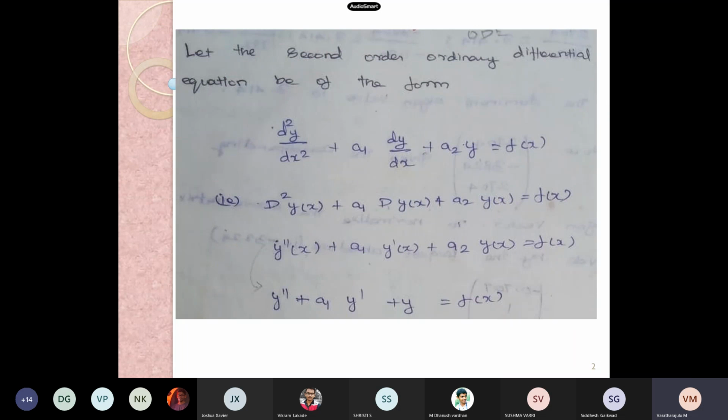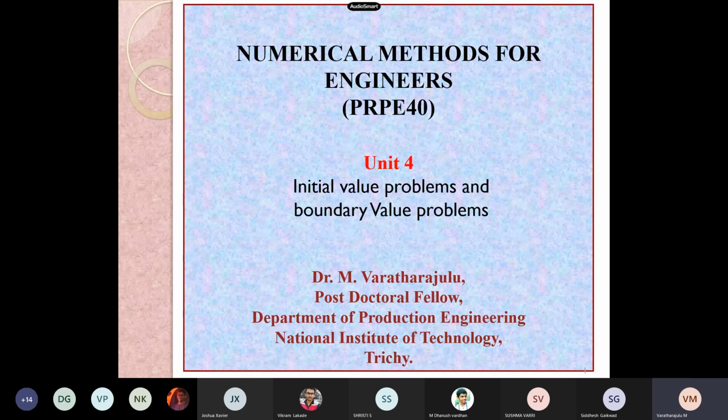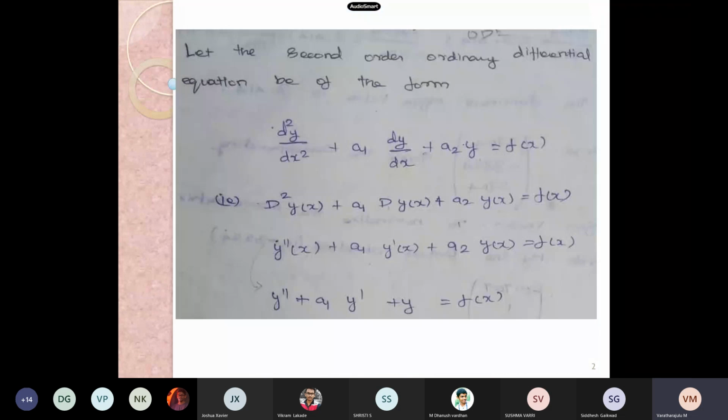For that, we need to know what is an initial value problem and what is a boundary value problem. So the second order ordinary differential equation is in the form y double dash plus a1 y dash plus a2 y is equal to f of x.